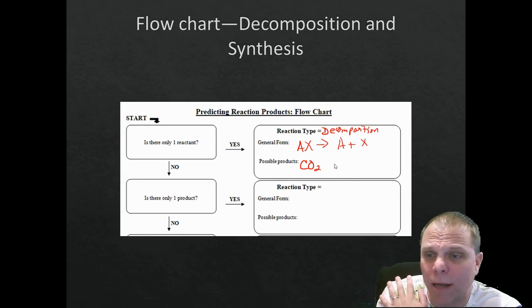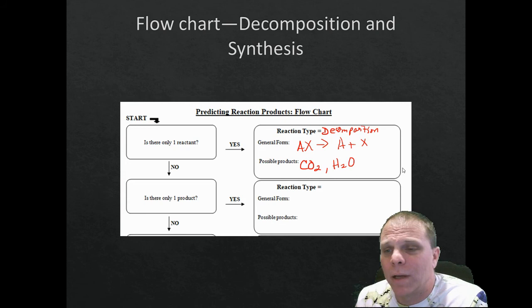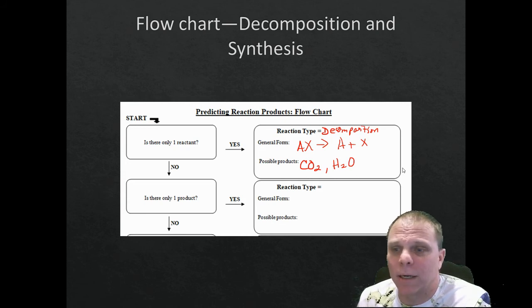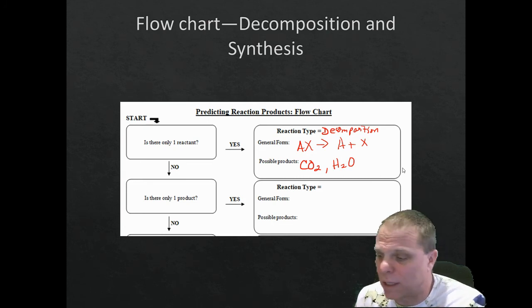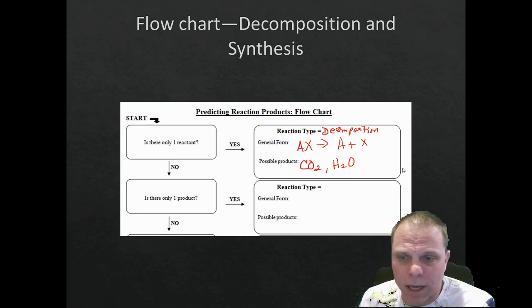And when we did the metal hydroxides, water was a common one. You can have various different types of typical possible products here, but one of them is oftentimes going to be elemental as well, right? So don't forget that. Okay, let's go to the next one.